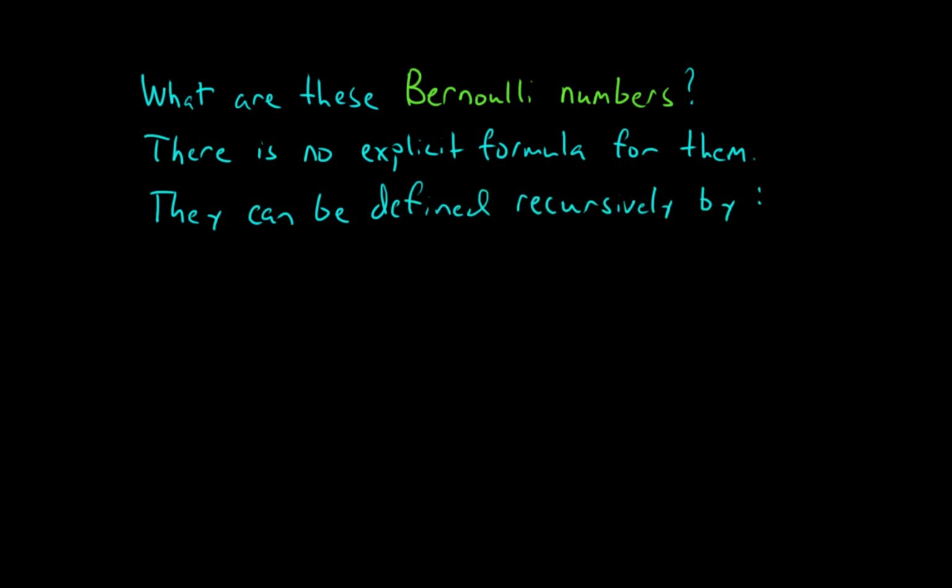It says that the nth Bernoulli number, b sub n, in the sequence of Bernoulli numbers equals the negative of the sum indexed from k equals 0 to n minus 1 of n choose k, that's the binomial coefficient n choose k, times b sub k, the kth Bernoulli number, over n plus 1 minus k.